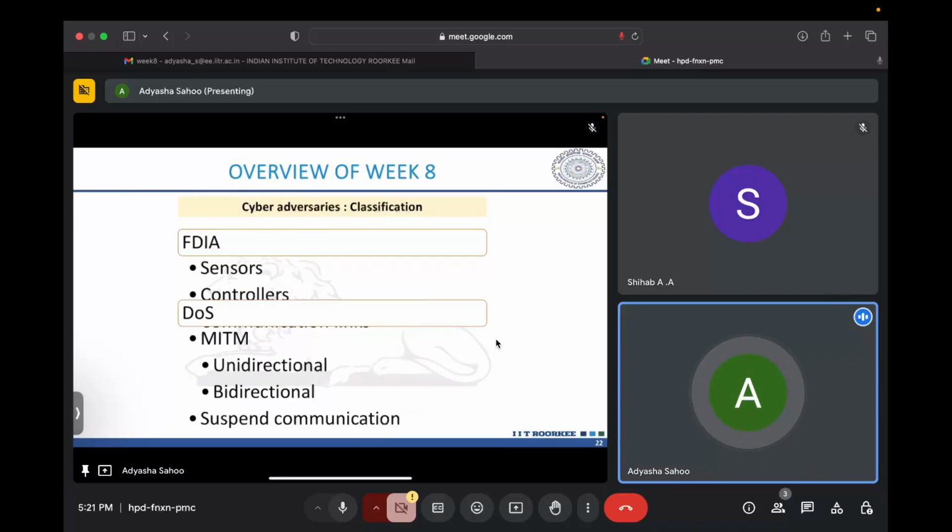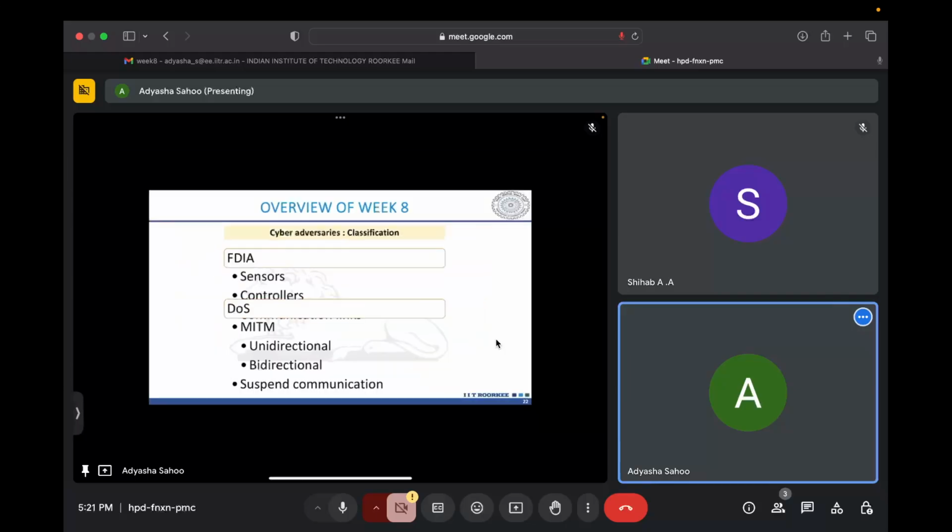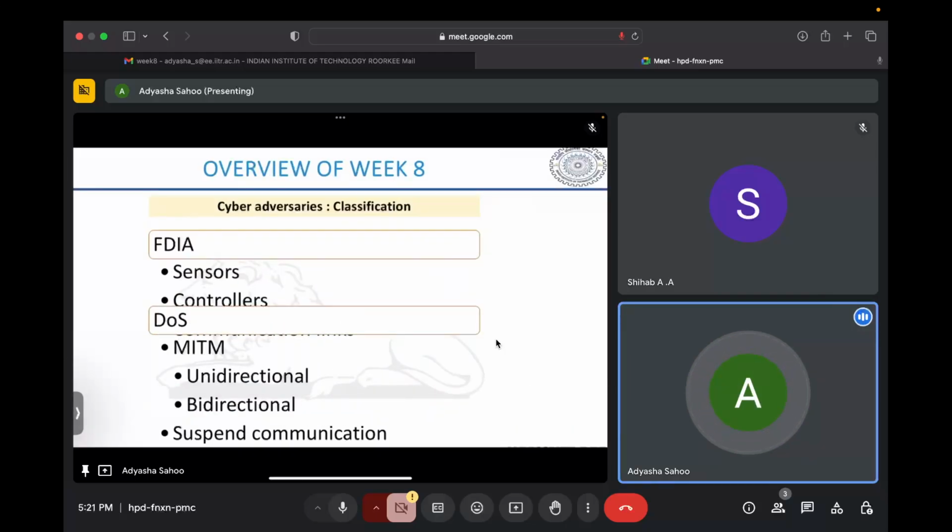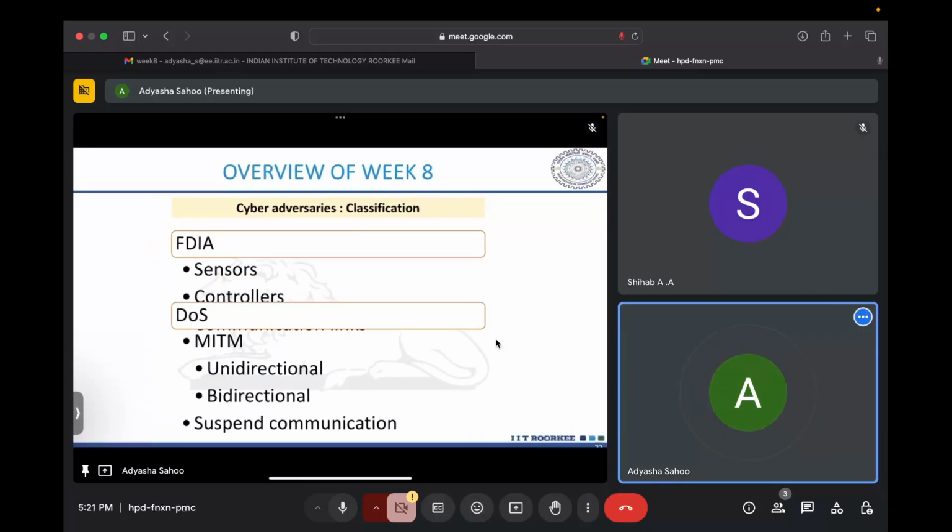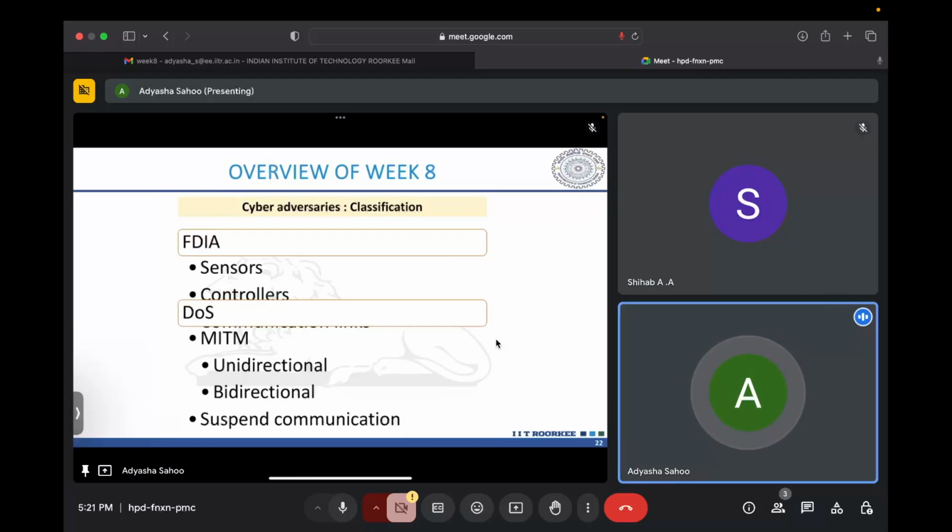The cyber attacks are basically of two types. That is your false data injection attack, FDIA, and DOS, your denial of service attack.